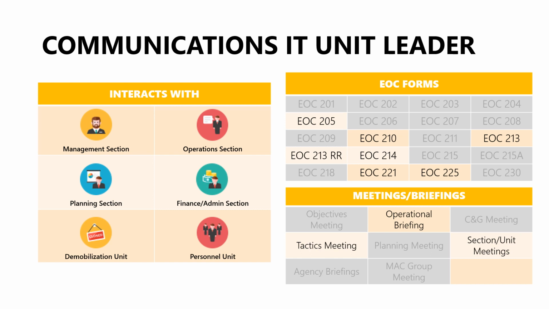They will assist in developing the radio communications plan, the EOC 205 form, for all radio communication modes within the EOC and field when necessary. They will determine what communications equipment is necessary.